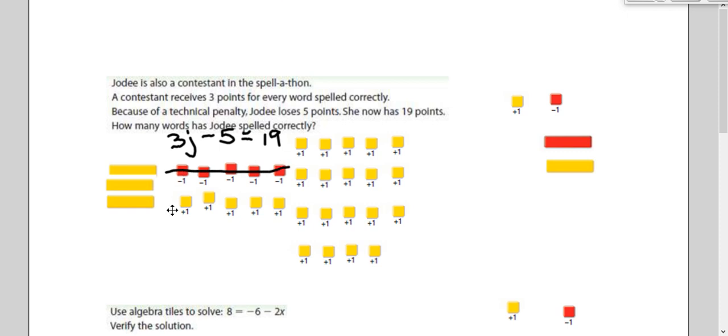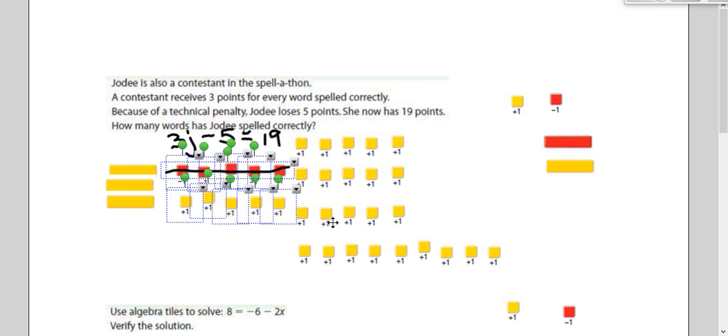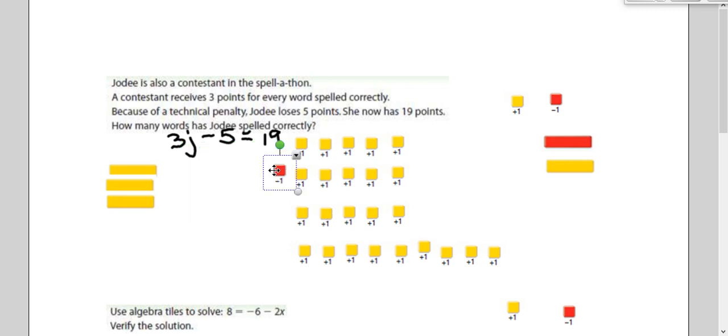And then let's copy these over. And they come over here. So then we can get rid of these guys. Him too. And we have 3 of these. And we have 24 of these.